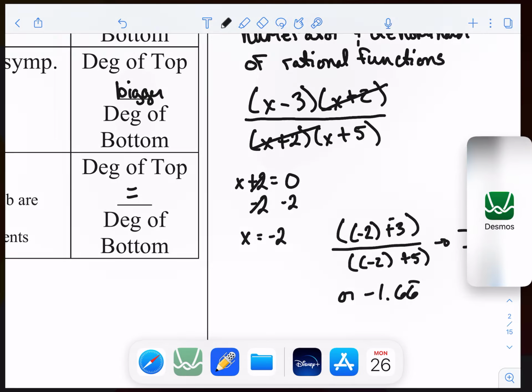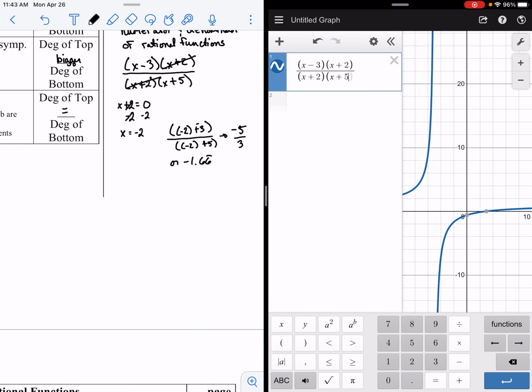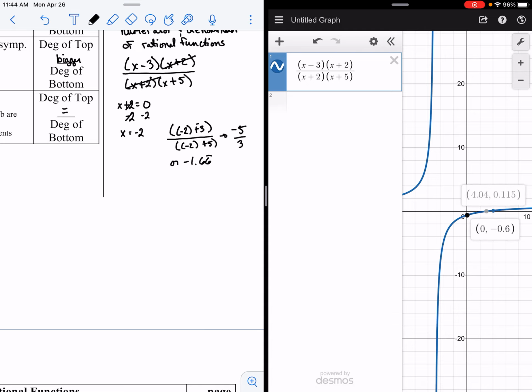So if I go to Desmos, I type this in, division x minus 3, x plus 2, all over x plus 2, x plus 5. I said we think it occurs at negative 2. I'm going to zoom in a little bit.